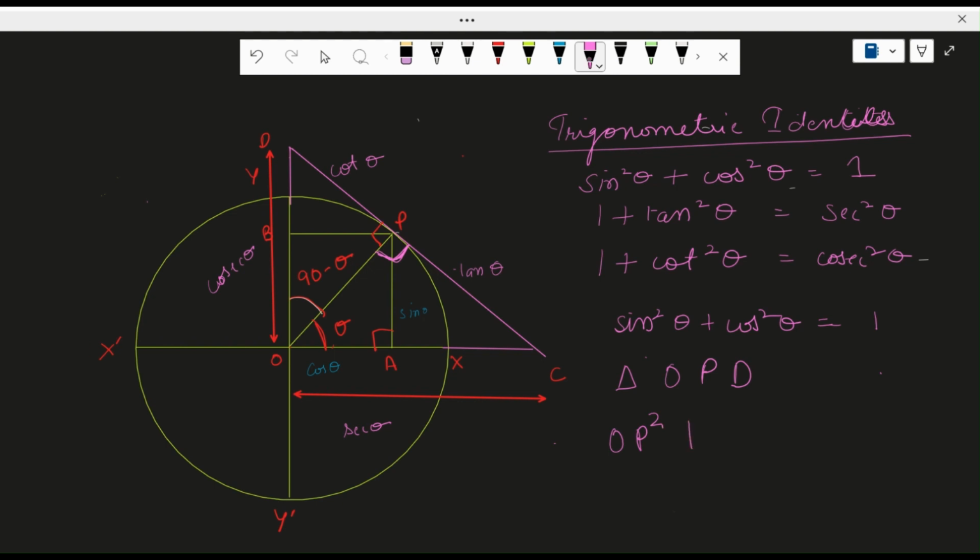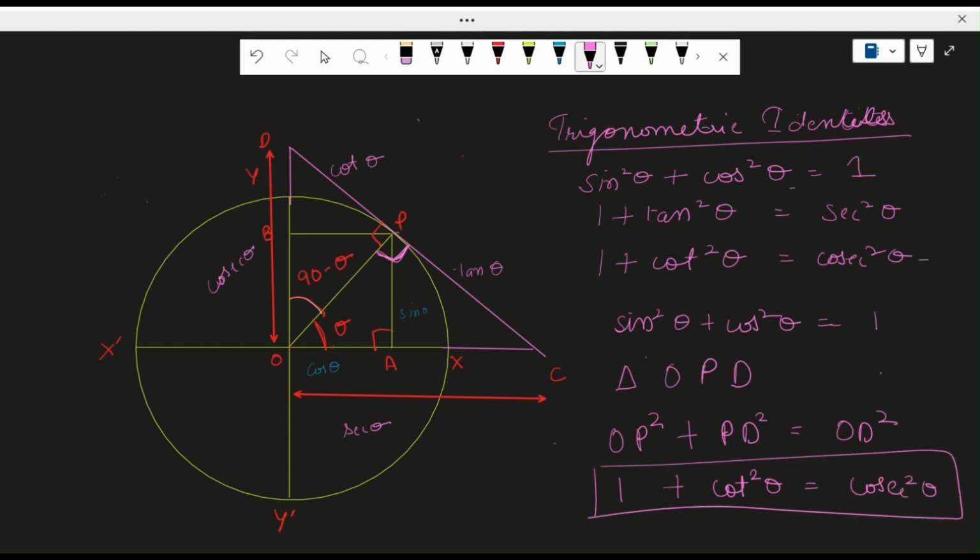OP square plus PD square is equal to OD square. So OP is our 1, square will be 1, PD is again cot, and square will be cot square theta, and OD is cosecant. So we have cosecant square theta. This is the value of the third identity.